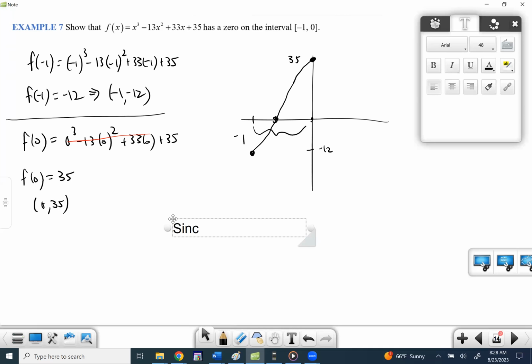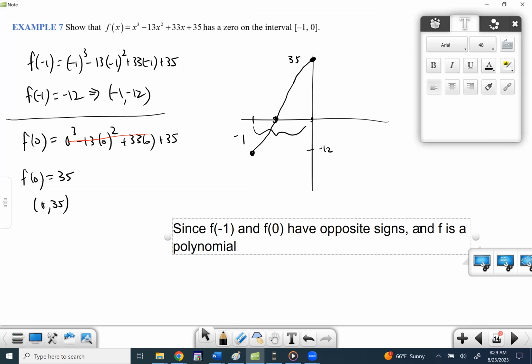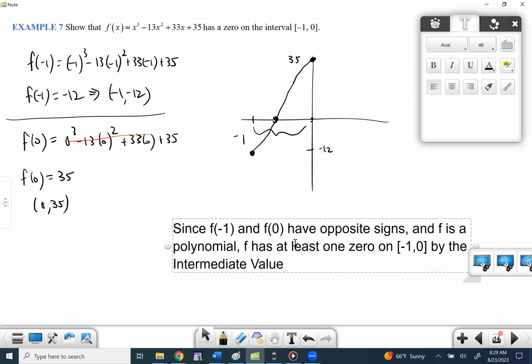So we're going to say, since f of negative 1 and f of 0 have opposite signs, and f is a polynomial, which means it's continuous, f has at least one zero on the interval of negative 1 to 0 by the intermediate value theorem. That's going to be our answer. Okay.